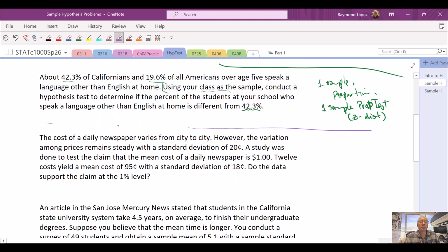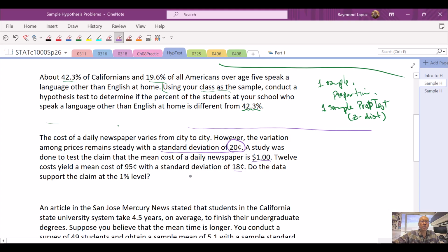Cost of daily newspapers varies from city to city. However, the variation among prices remains steady with a standard deviation. Oh, they give us a standard deviation again. A study was done to claim the mean cost of a newspaper is $1. 12 costs yield a mean cost of 95 cents, and the standard deviation is this. Do the data support the claim?